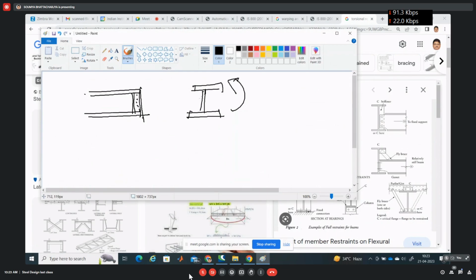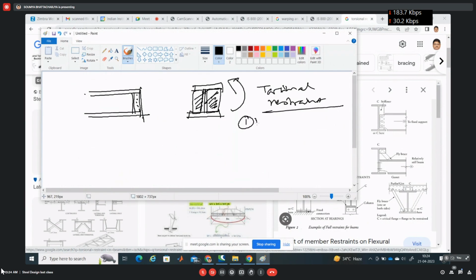If I provide the bearing stiffener here, on both sides, I am providing a bearing stiffener plate. Then this whole section cannot twist. So the torsional restraint can be provided by bearing stiffener.